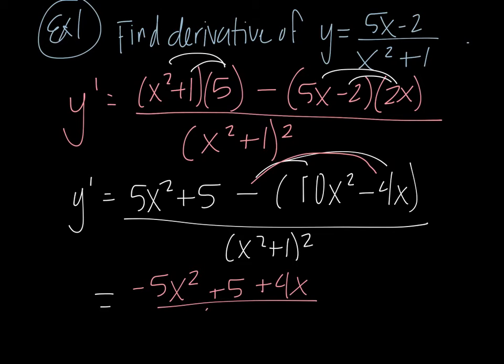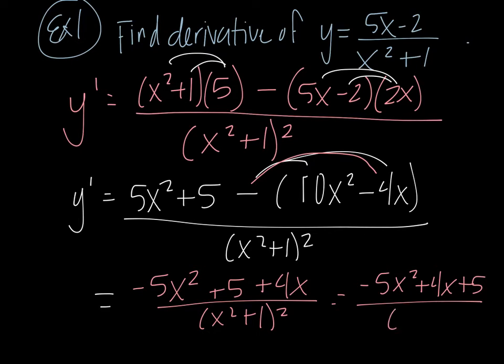And that's all going to be over x squared plus 1 all squared. And that's actually the answer, though it's more common to write it in standard form, so I'm just going to switch the 4x and the 5 in the numerator. And this is the answer. That is y prime.